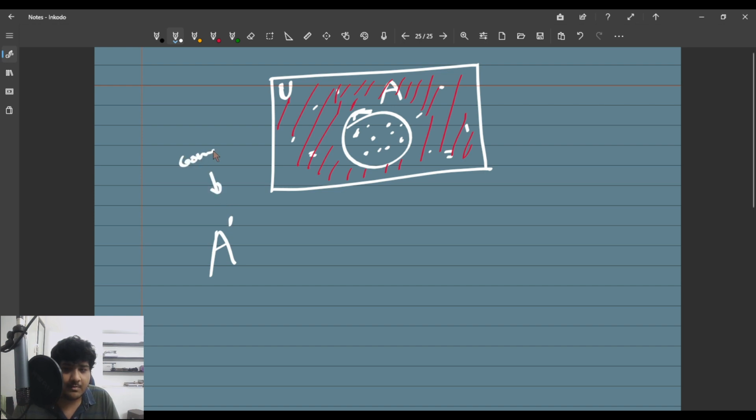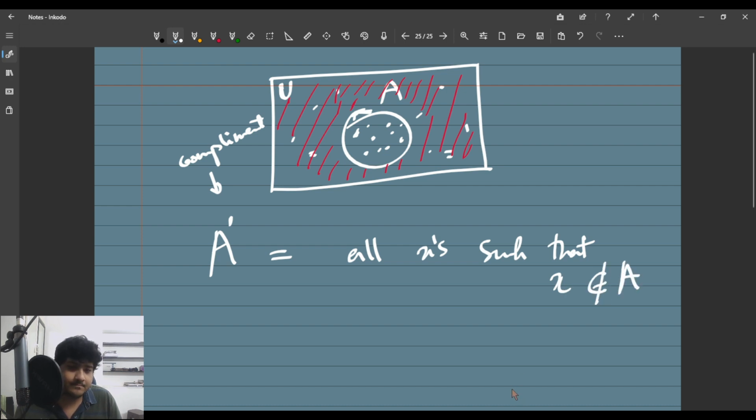This is called complement. So A complement is something I am defining to be all x's such that x does not belong to A. I'm sorry if I said x belongs to A. So if you give me some element, say it might be easier if I do it with numbers.